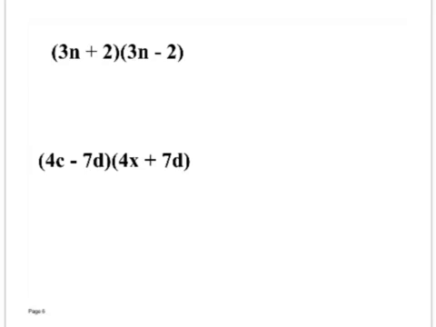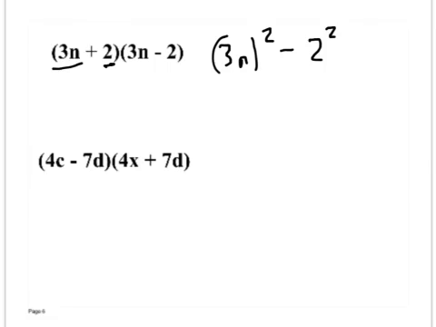3n plus 2 times 3n minus 2. The first thing you have to ask is, is this the product of a sum and a difference? Yes. They are identical except for the plus and minus signs. Once you know that, then you can just do the first number squared minus the second number squared.